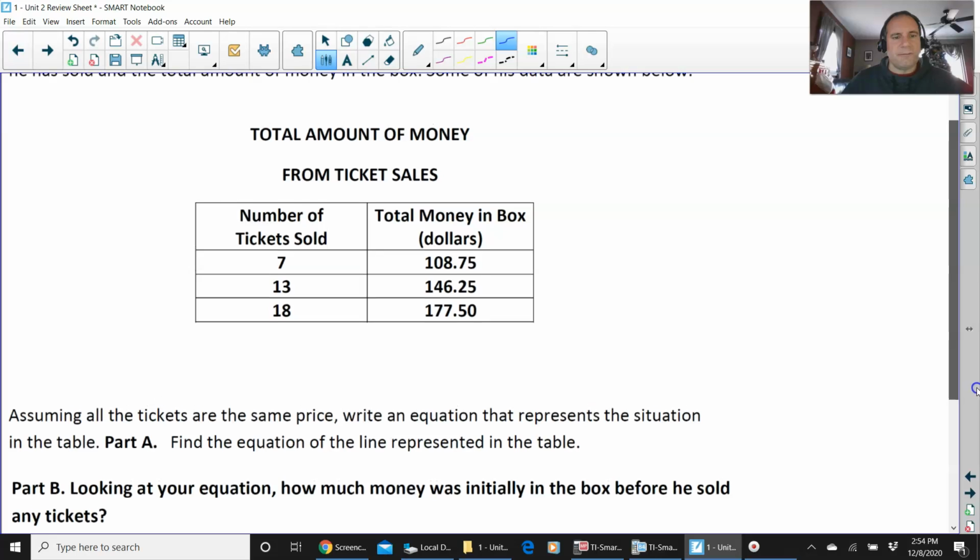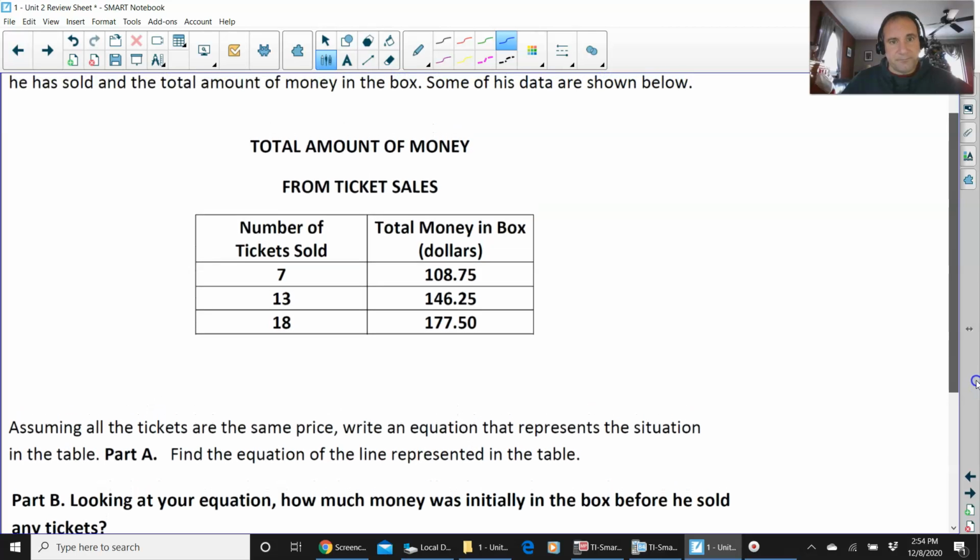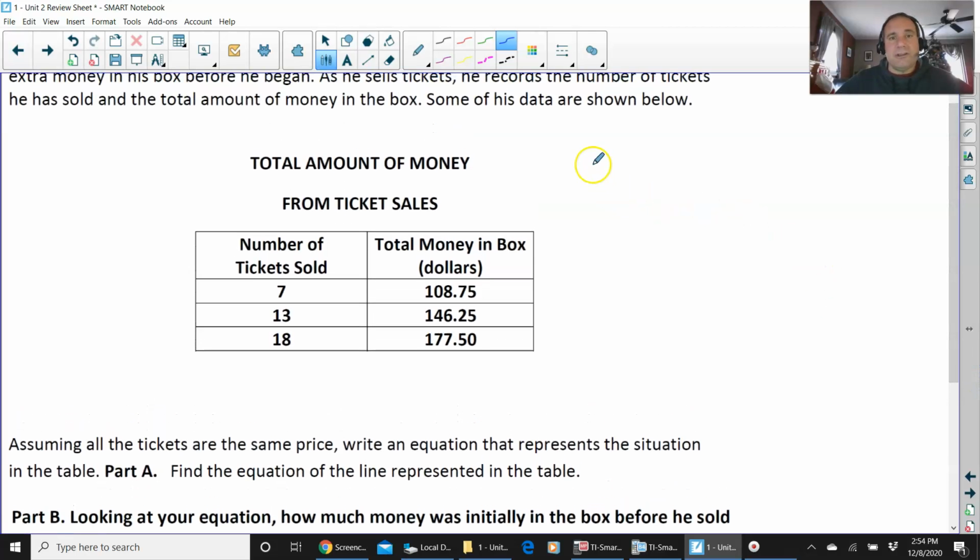So let's talk about the equation. The equation is y equals mx plus b. And since I do not know my b, I am going to find the slope. And I know that if I have a table of values, I'm going to put x1, y1, x2, y2.